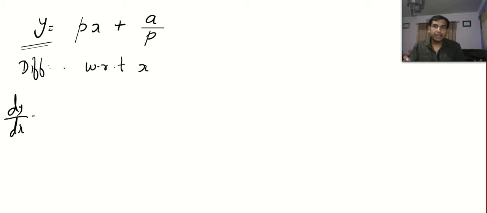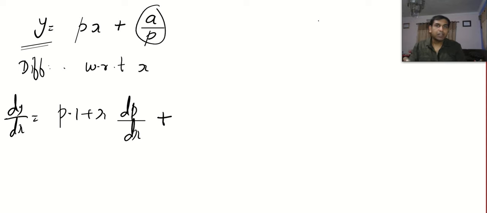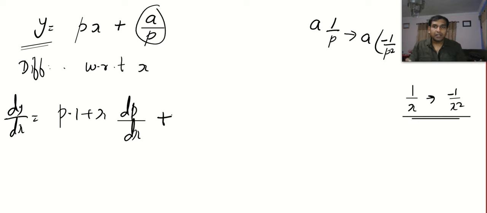So dy by dx will be p into 1 plus x into dp by dx plus a by p. A by p means a into 1 by p, and the derivative will be a into minus 1 by p square. Don't forget, the derivative of 1 by x is minus 1 by x squared. So we get this plus minus a by p square into dp by dx.